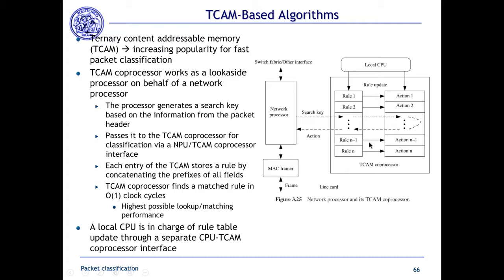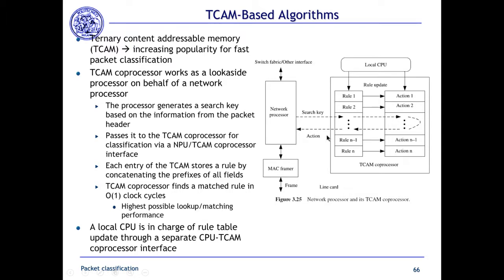Then you will have a winner rule, and the winner rule will send a signal to the corresponding action, which is stored in the RAM. But in this case we have something more complicated, and in particular, it is not necessarily good to use the received header directly as a search key into the TCAM.